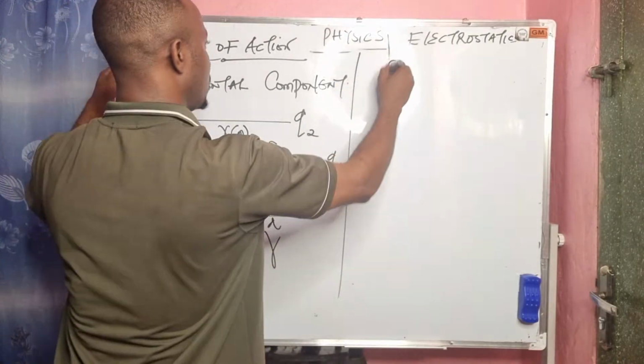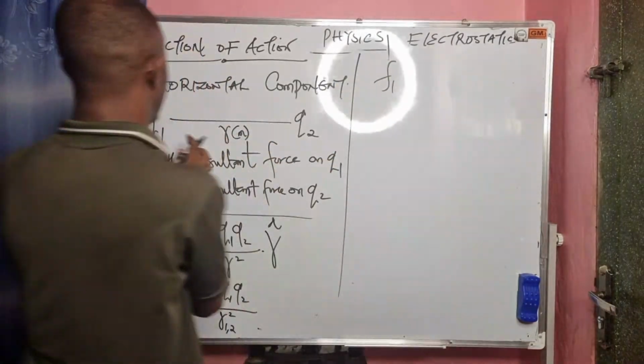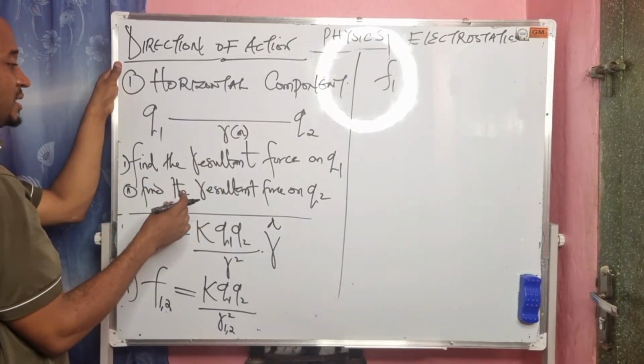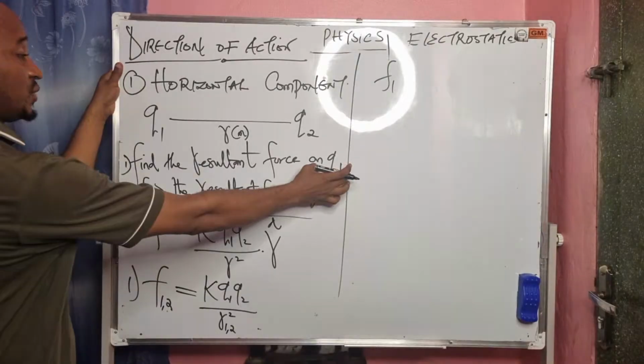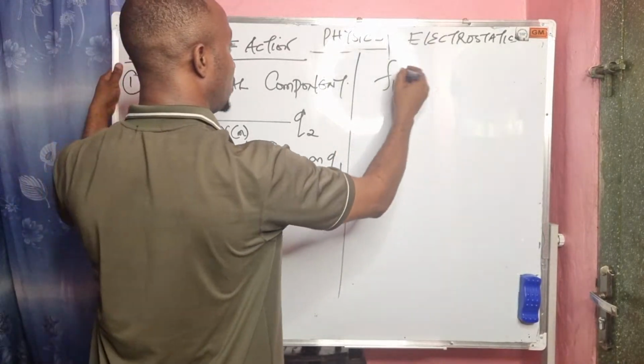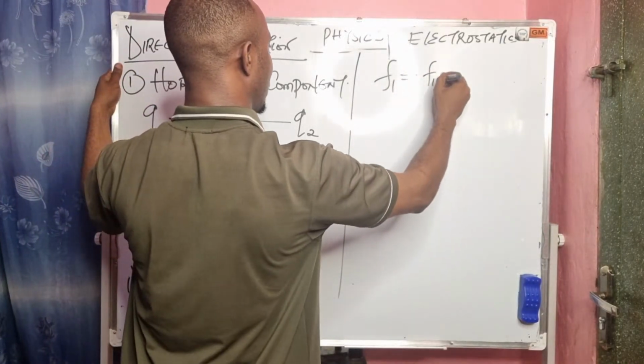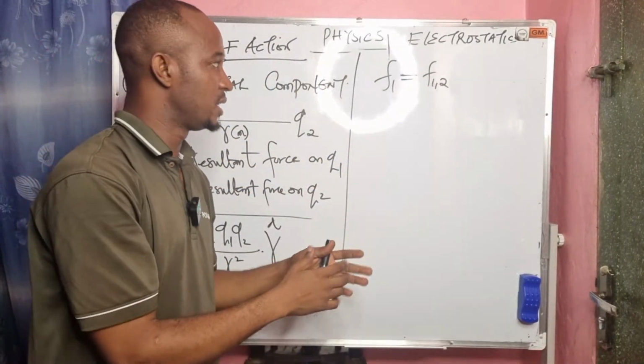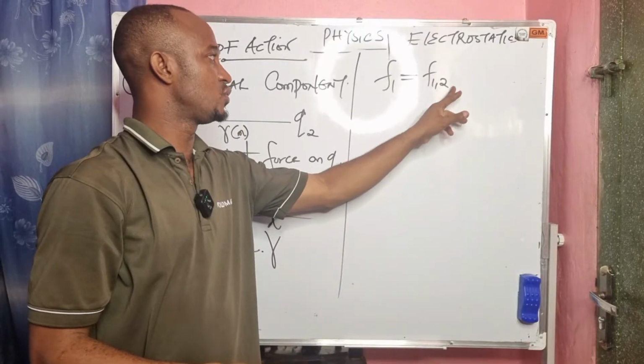When you see I have 2 point charges, Q1 and Q2, and we have to find the force on Q1, this means F1, which is the same as F12. F12 means the action of force is from 2 to 1.